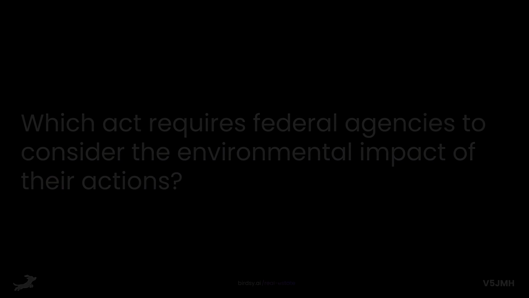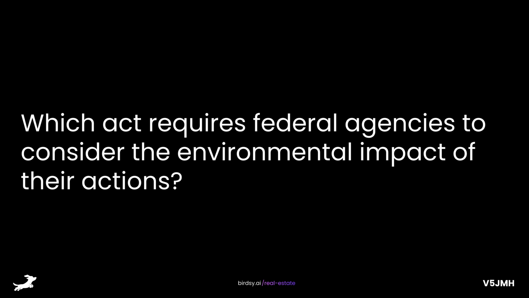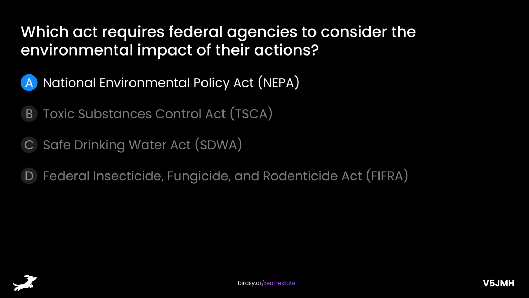Which act requires federal agencies to consider the environmental impact of their actions? Is it A, the National Environmental Policy Act, NEPA, B, the Toxic Substances Control Act, TSCA, C, the Safe Drinking Water Act, SDWA, or D, the Federal Insecticide, Fungicide, and Rodenticide Act, FIFRA?